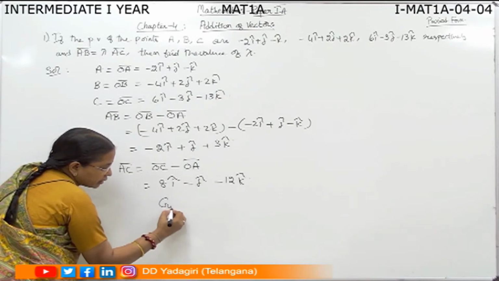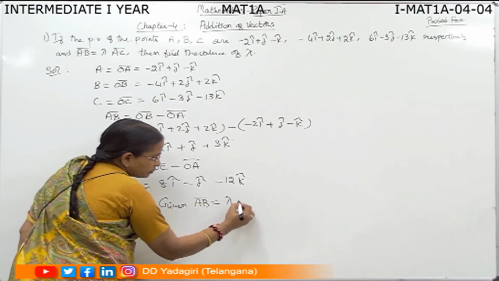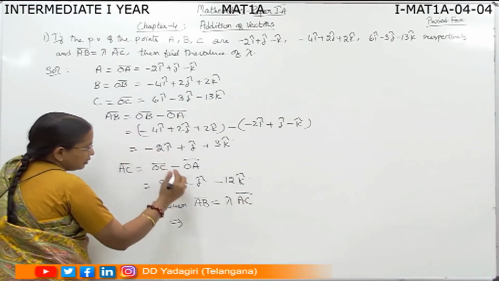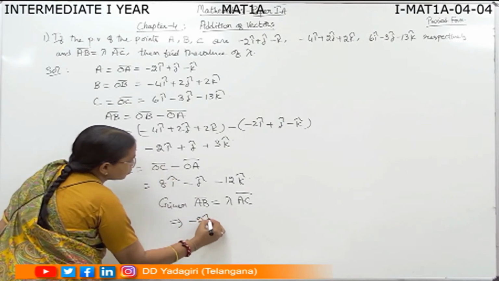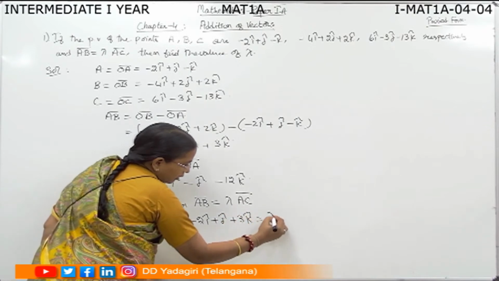Now what is given to us? You are given that AB is equal to lambda times AC. Also, AB is minus 2i plus j plus 3k. So this is equal to lambda into AC.